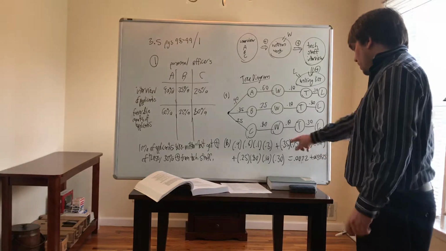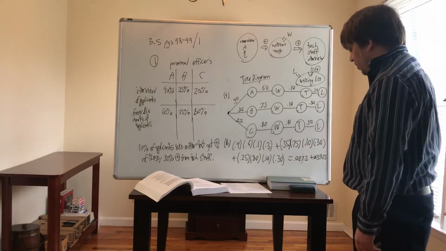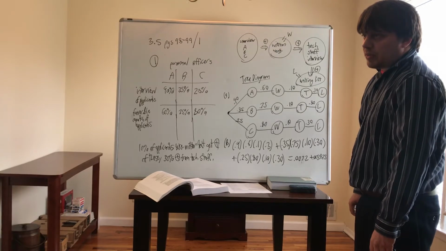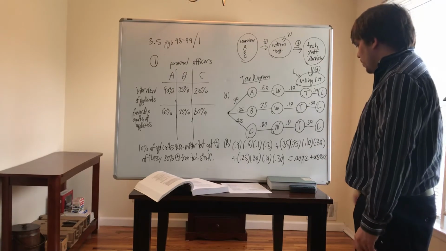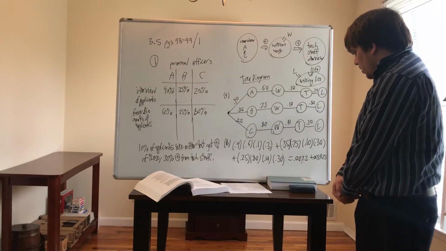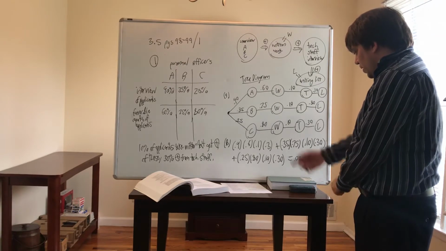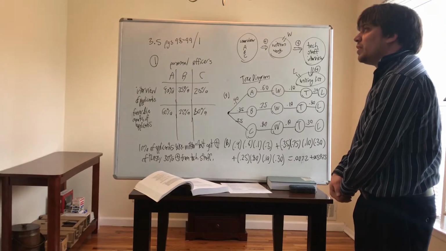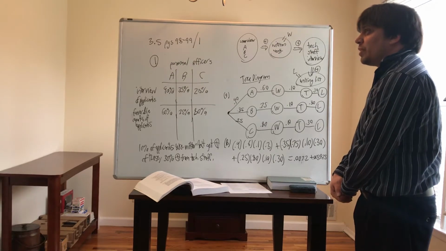Let me just make sure. 3 times 35 is 105. 105 times 75 is 7,500 plus 375.